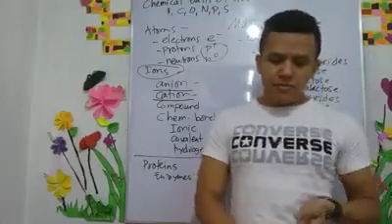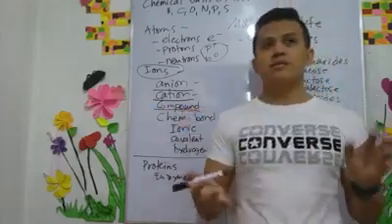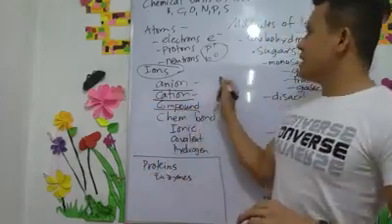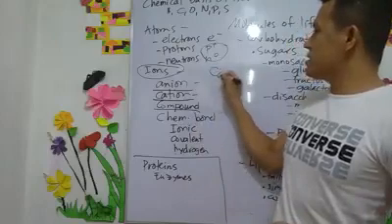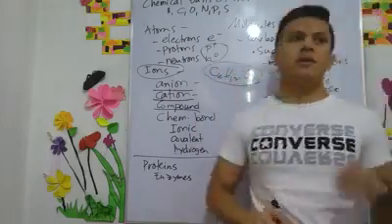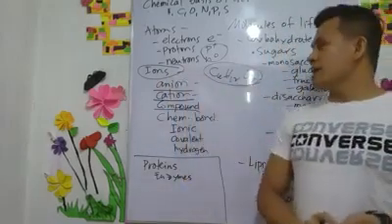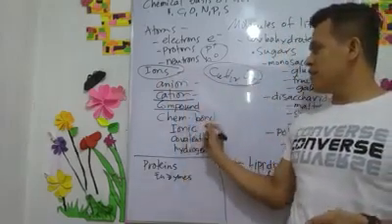And we also have what we call a compound. A compound is a combination of two or more elements. For example, glucose, C6H12O6. This is an example of a compound made up of three elements.